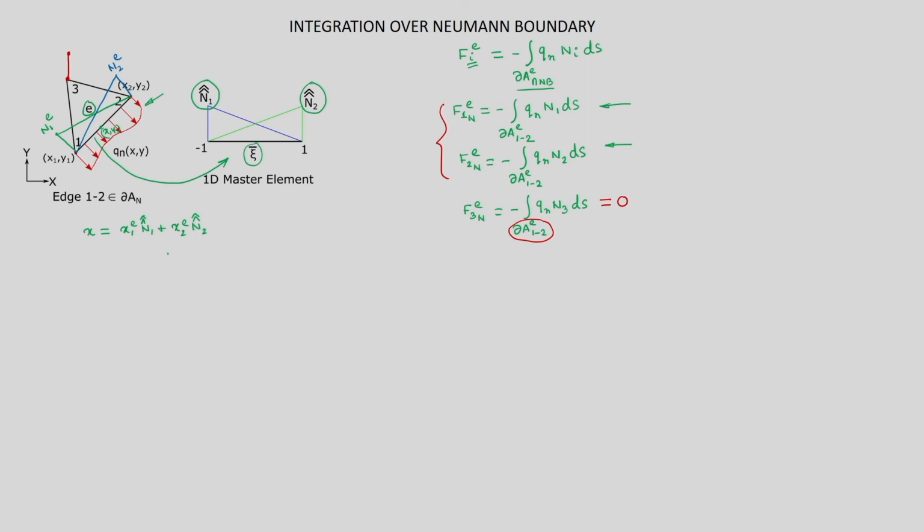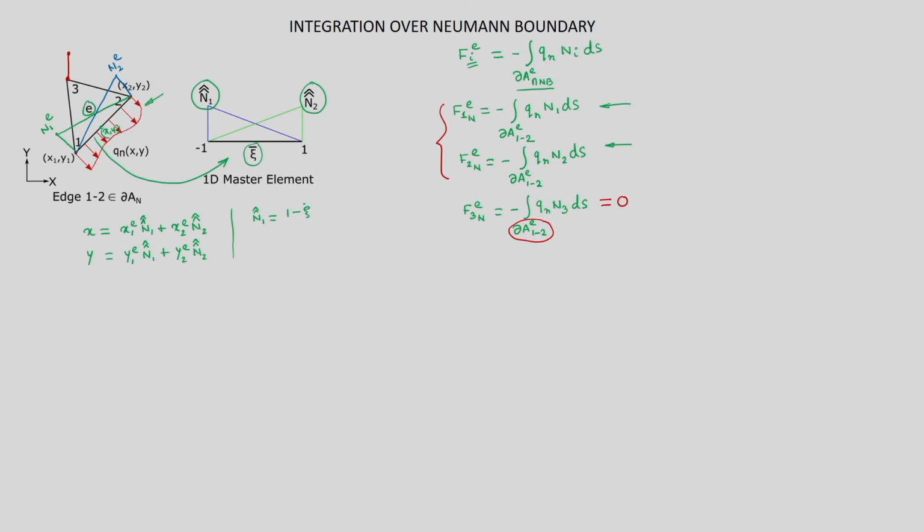And similarly, y is y1E N1 double hat plus y2E N2 double hat. And what are the definitions of N1 double hat and N2 double hat that we have seen in the 1-dimensional case?